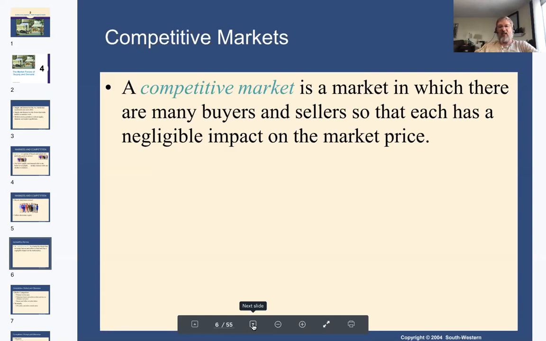And so what is a competitive market? Well, one of the ways you can tell that it's likely a competitive market is when there are lots and lots of buyers and sellers. And the whole idea behind there being lots of buyers and sellers is that people have options, right? I don't have to buy only from this person, or I don't have to sell only to that person. I could buy or sell to any number of different people.